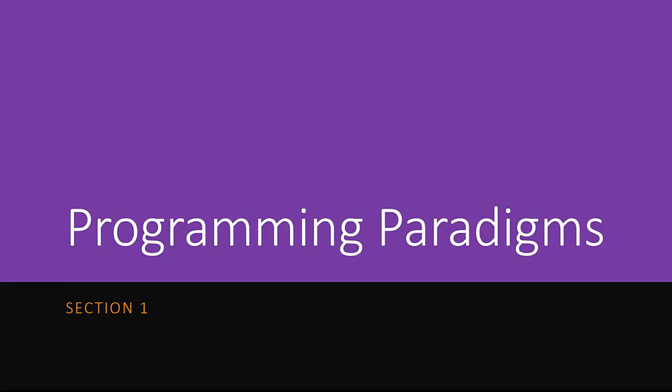Different programming paradigms produce different programming languages. So when we design a programming language, you have to adopt a certain kind of paradigm. That's the way that your language works.